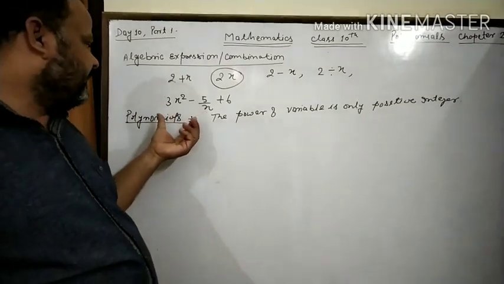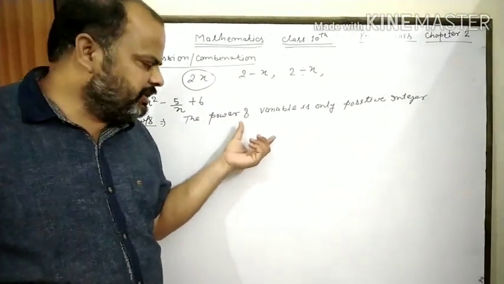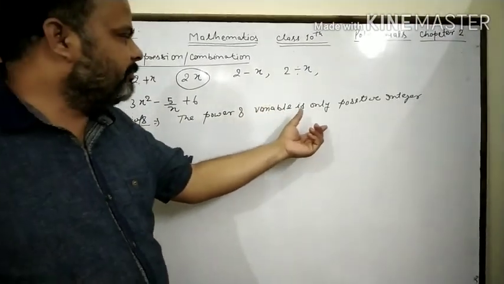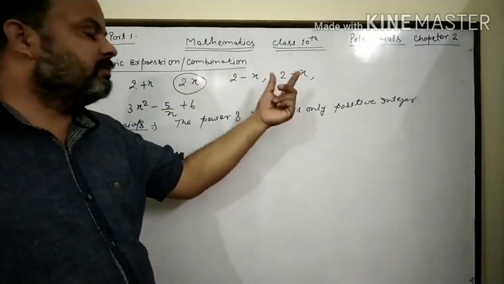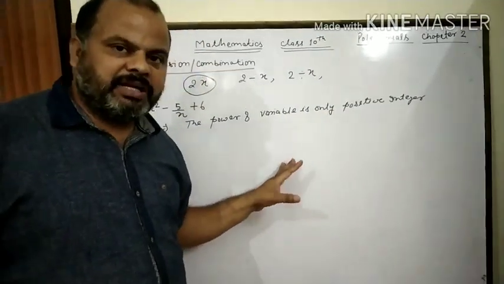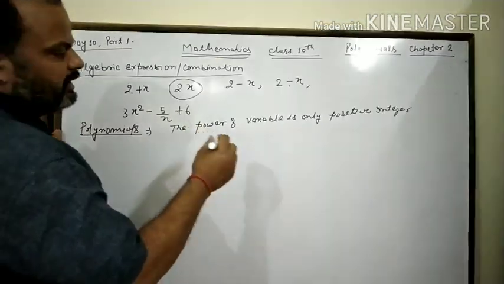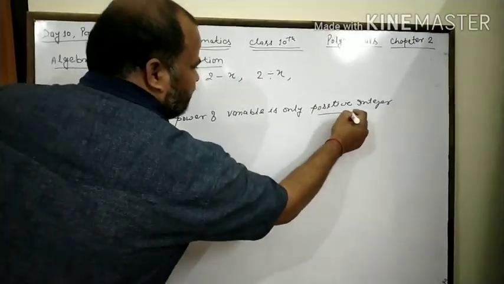It means a special type of algebraic combination or expression in which the power of variable, meaning letter, is only a positive integer is called a polynomial. Then what is the meaning of the power of variable being only a positive integer?